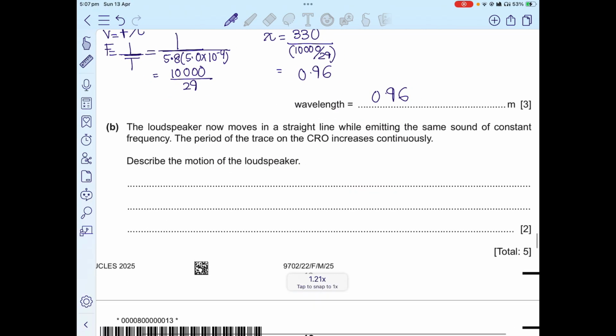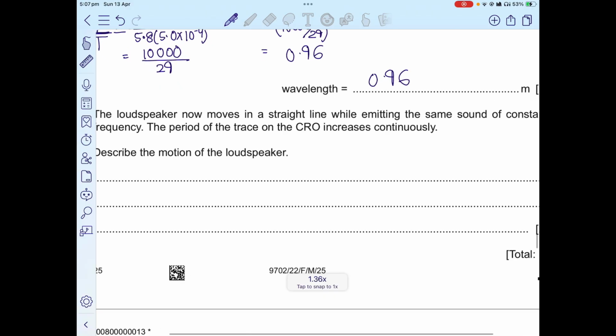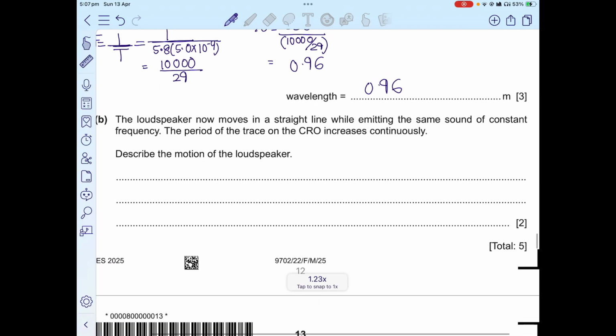The loudspeaker now moves in a straight line while emitting the same sound of a constant frequency. The period increases continuously. Since the sound period and the sound frequency are inversely proportional to each other, when the period of the sound increases continuously, the frequency of the sound is decreasing continuously.